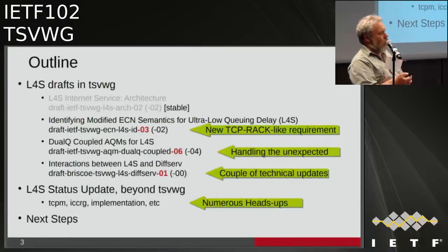In the dual queue draft, again, there's a number of changes in each of these drafts, and I'm picking out one in each. That's the major technical change, and in that one, we're getting towards the corner cases, and this is handling unexpected packets in the queue, which I shall talk about briefly.